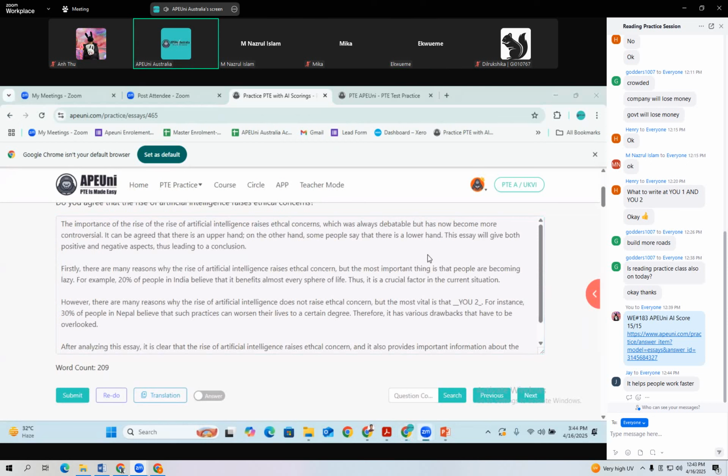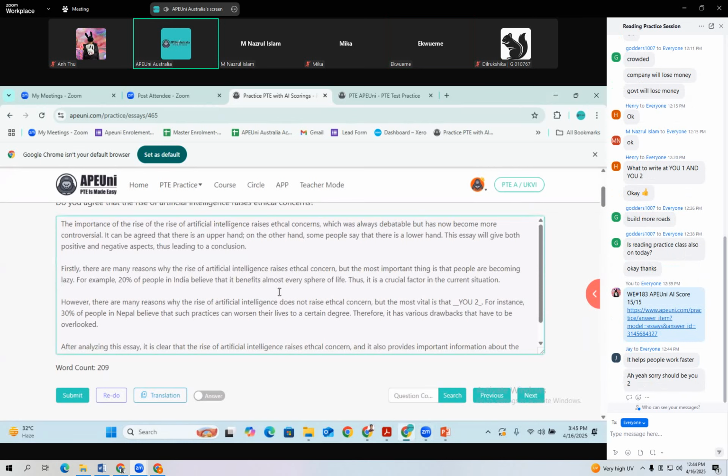You can write it in the U2. It helps people work faster, because raises ethical concerns means there's some issue of that topic. There's some issue of using that technology. So that's how it actually raises, yeah? Yes, it should be U2.